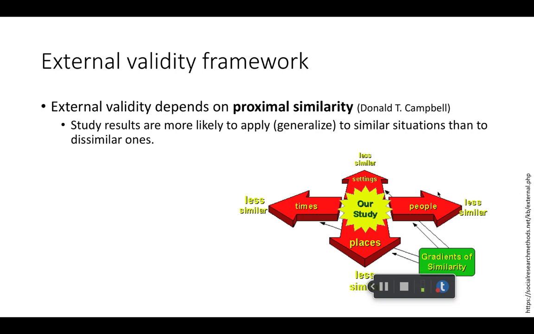It's not the case that results either apply outside of the study or they don't apply. The question is, how similar are the applications? Results of our study will apply to similar settings, people, places, and times more than they apply to less similar settings, people, places, and times.